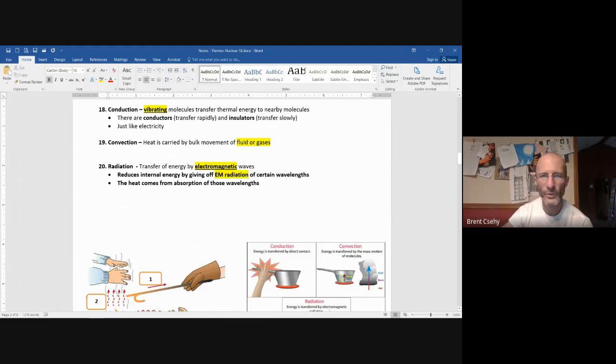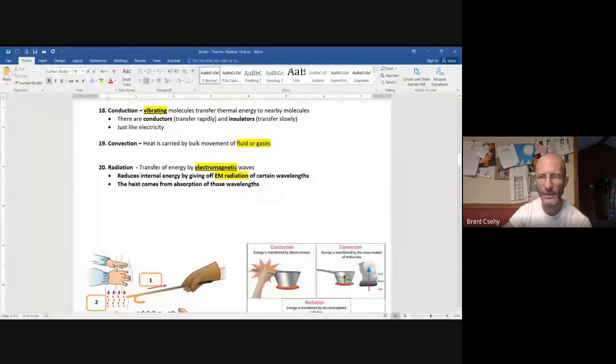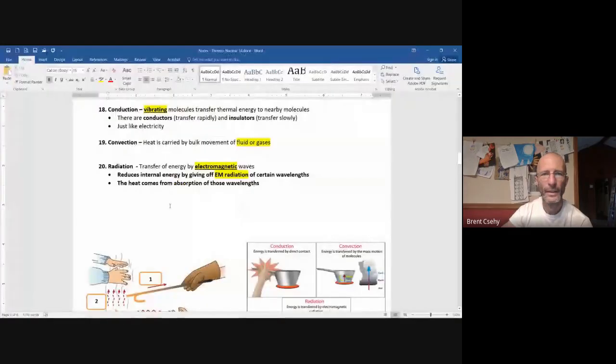Radiation is transferred energy by the EM waves. The heat comes when you stand outside in the sun and you feel hot. The heat comes from absorption of those wavelengths.